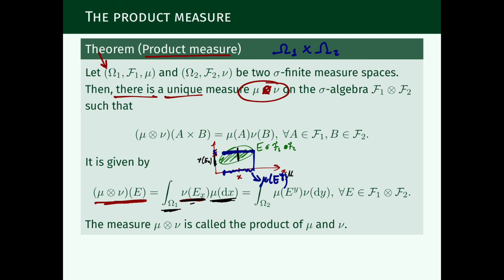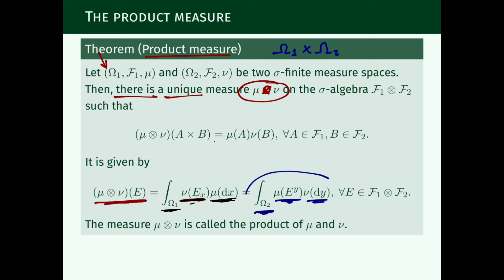So it means we take this section, then this section, then this section, and we add them all together. This is what this integral here is doing. So we integrate on the second variable this function that assigns to each y the measure of the section. And what this theorem is saying is we can compute this measure like this or like this.